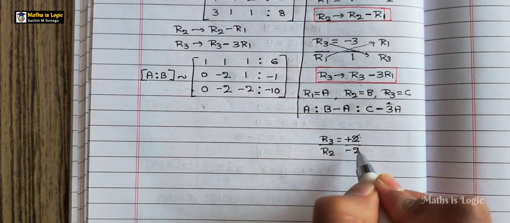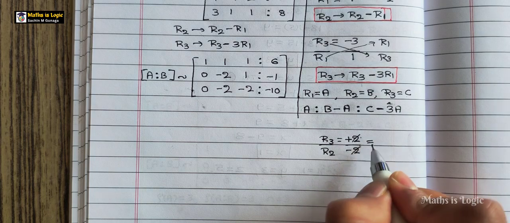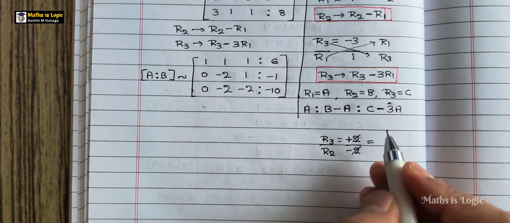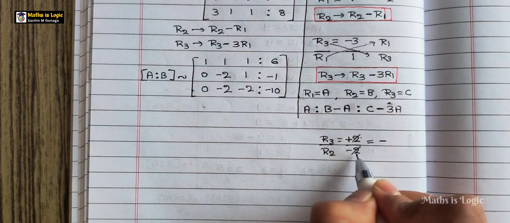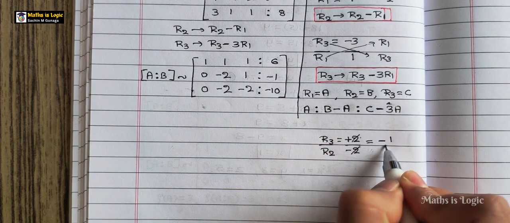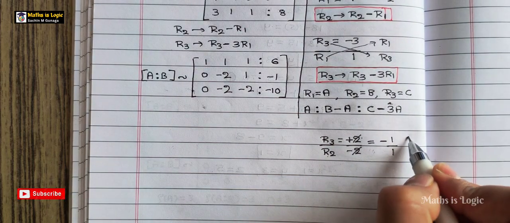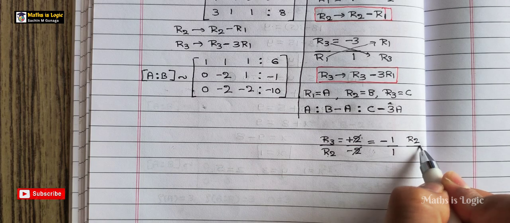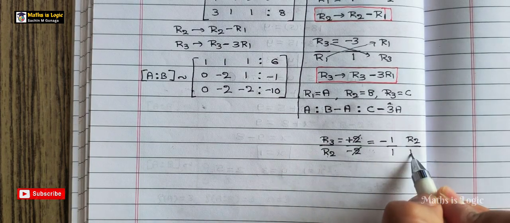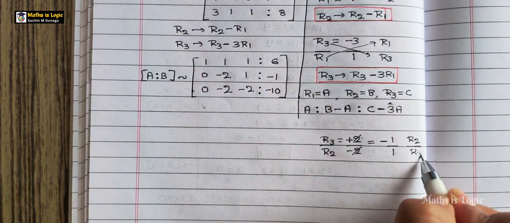So we can cancel 2 and 2, and plus divided by minus is minus. If I cancel these two, what is the remaining value? 1, and here 1. So write this R2 at the top divided by this R3, note down here R3.